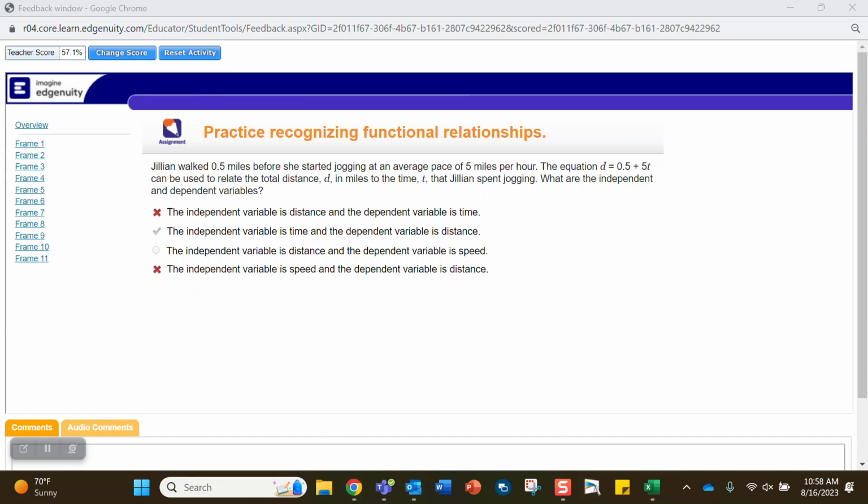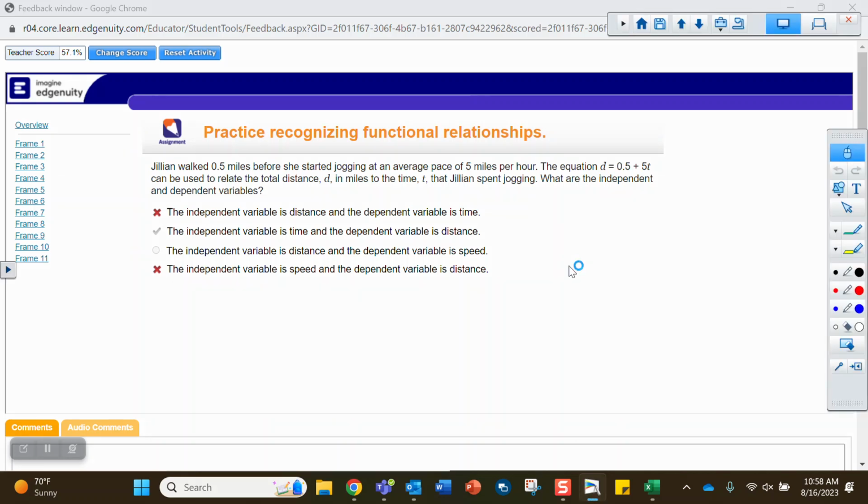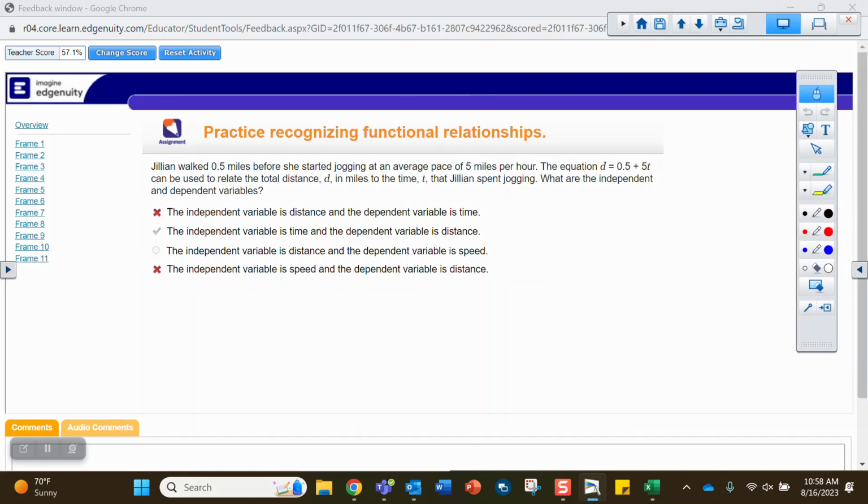So I'm going to pull up my ink tools here. Give me just a second for this to load. There we go. Okay, I'm focusing on this equation here, and I'm going to replace d and t with y and x, because a lot of times that's helpful for students as well.